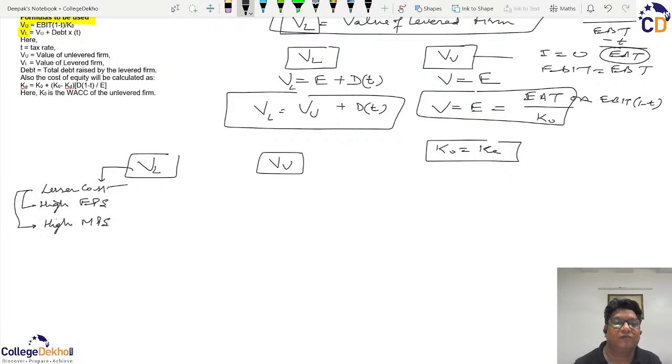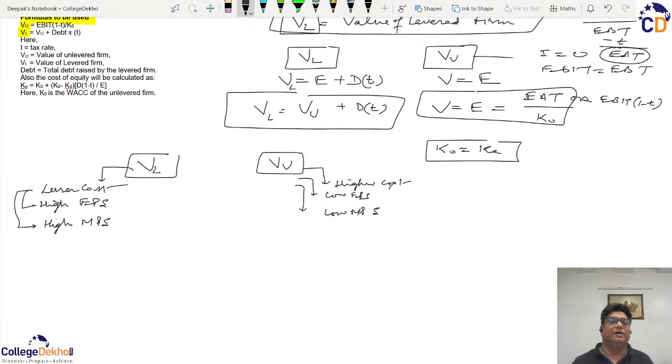So if on this aspect it will be reversed, that because of higher cost there will be low EPS, and because of the low EPS there will be low market price.